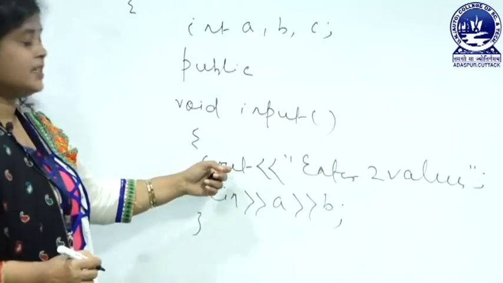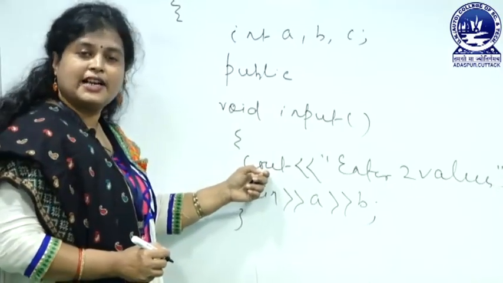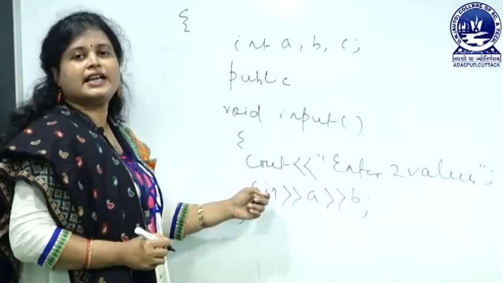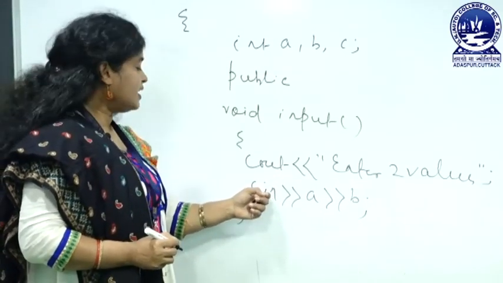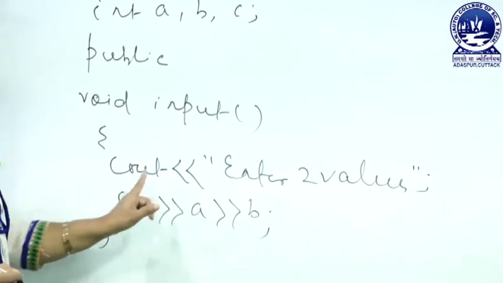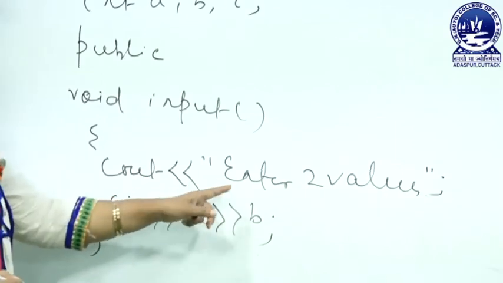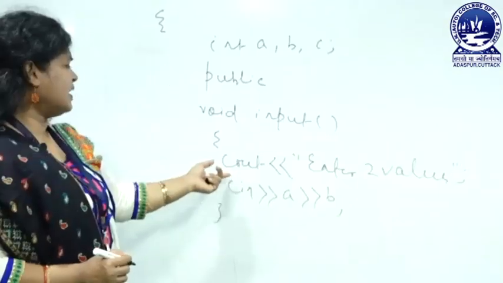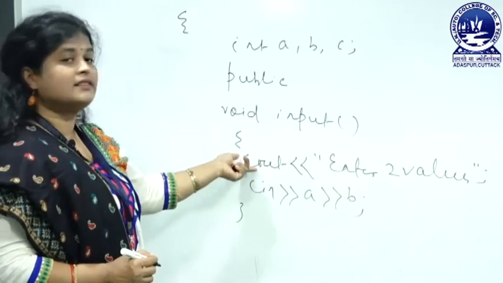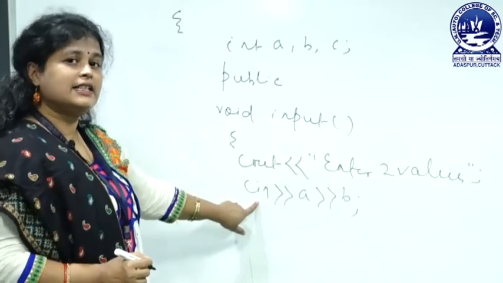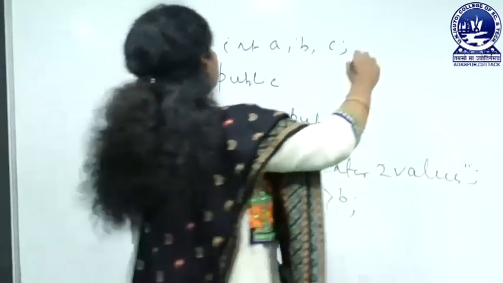We know that cout is used just like printf in C, and cin is used just like scanf in C. Here we are using cin to input 2 values in A and B, and cout is a message for the user to enter 2 values. Suppose in some cases the programmer may omit this statement, no problem. If you are writing only cin, then it is also okay.